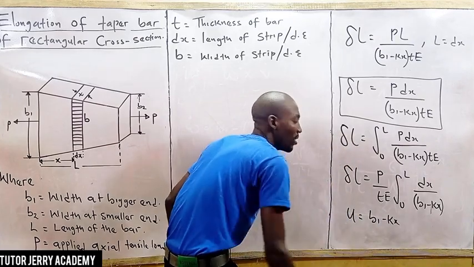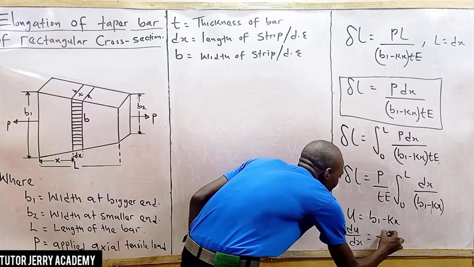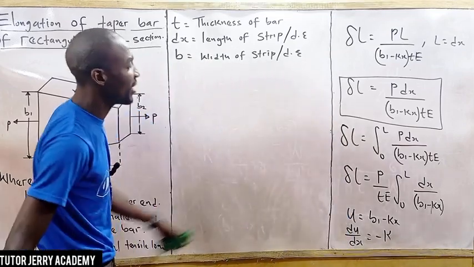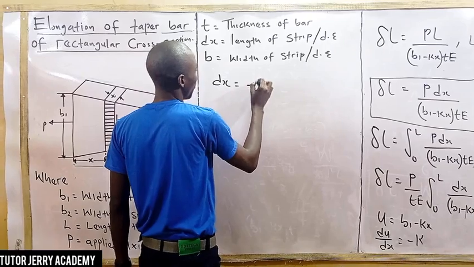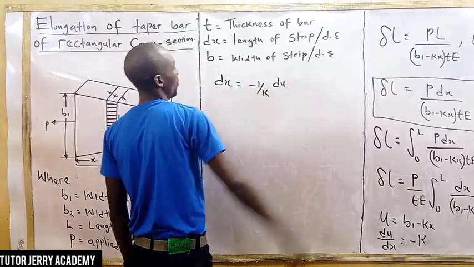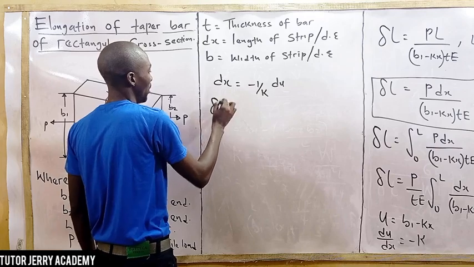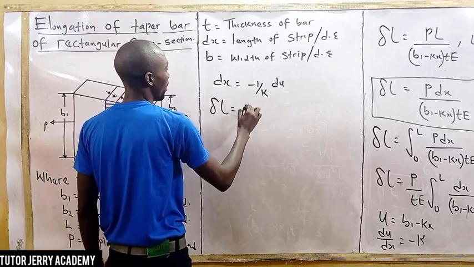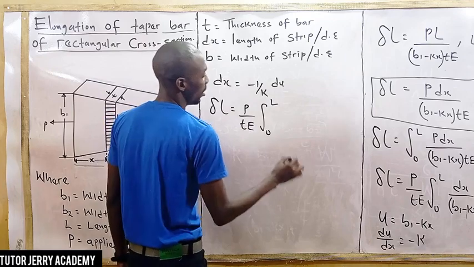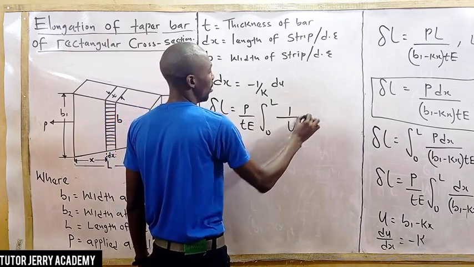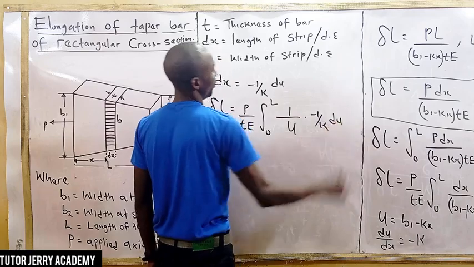Then we differentiate U with respect to S: dU over dS will be equal to minus K. So we make dS the subject, and we have dS equals minus 1 over K dU. Going back to the formation, L is now equal to P all over T E, integration of 1 over U multiplied by dS, but our dS is equal to minus 1 over K dU.